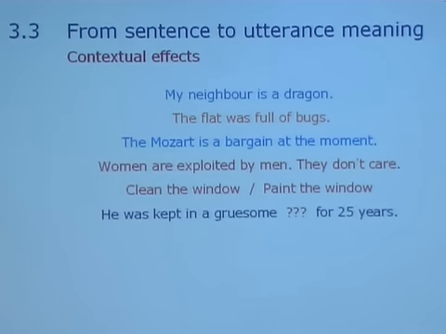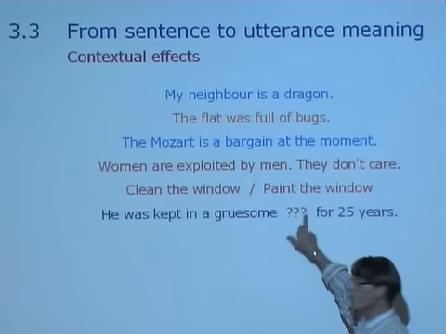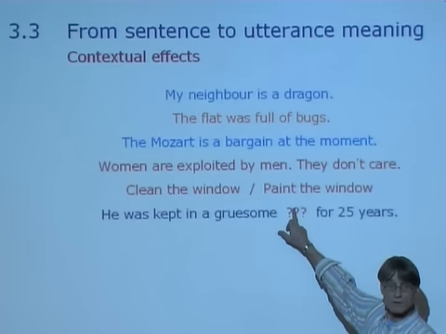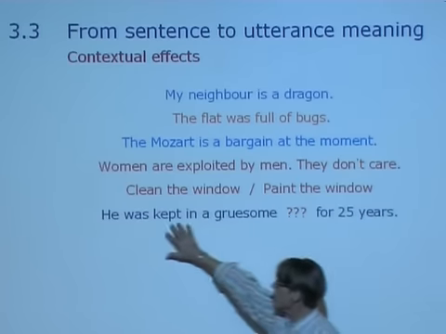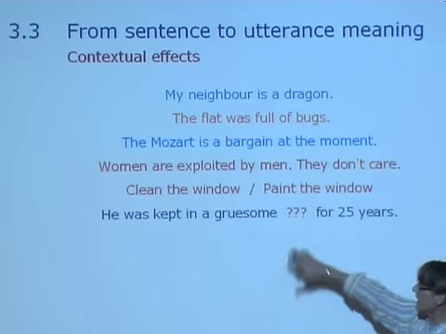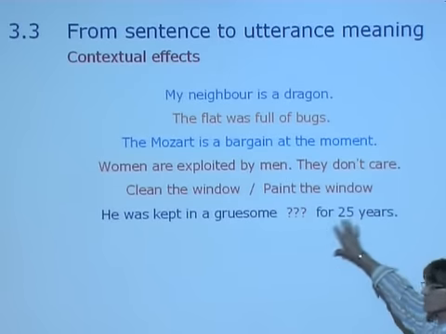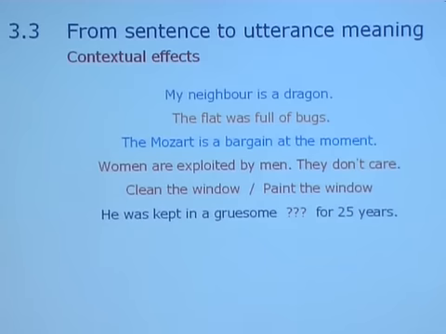He was kept in a gruesome blah blah blah for 25 years. You remember that we talked about this, that we said in a gruesome, well, prison or dungeon. And indeed, this is something we can work out, what is missing here in terms of meaning, in an intuitive way, by analyzing the sentence in context. So he was kept somewhere, so this needs to be a place, and it needs to be a place where you can keep someone.